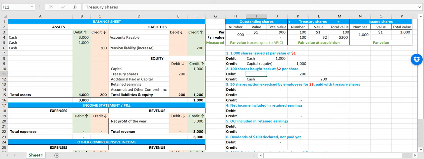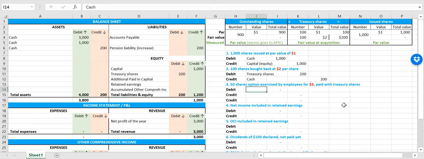So whatever we paid for those shares is what is gonna appear in the equity in the account of treasury shares. If we're gonna give them back to the public, which is gonna happen in the next exercise, we have to keep in mind always the historical price we paid for those shares. So we're always gonna keep in mind the $2 we paid for them in order to move down this balance of 200.